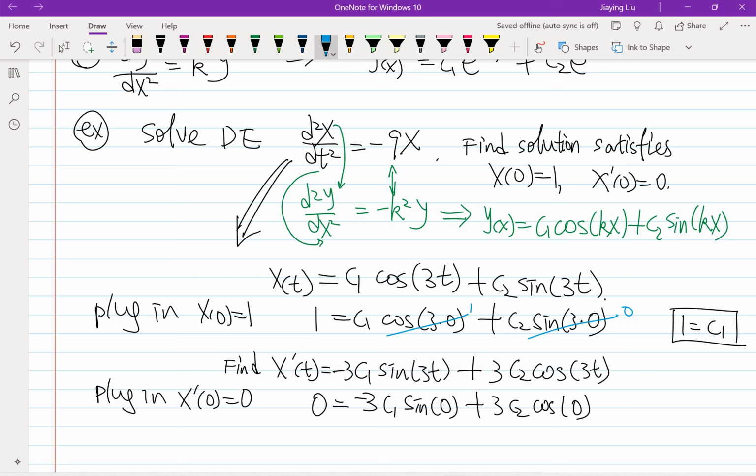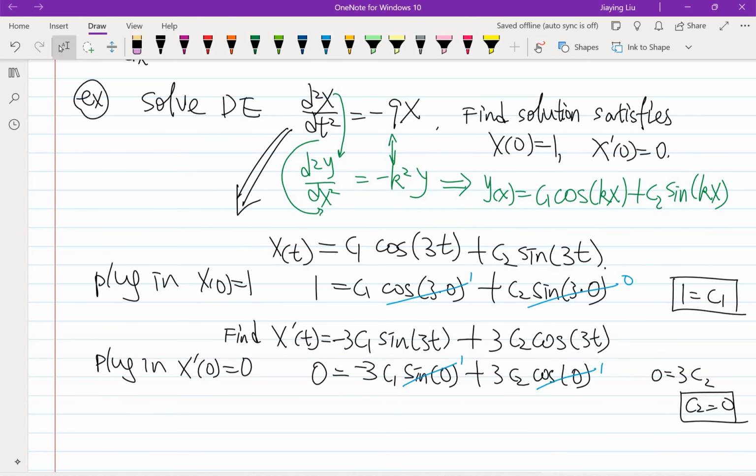Again, just simplify, that's a 1, this is a 0. You just end up with 0 equals 3c2, which tells you that C2 has to be 0. So we found C1, we found C2, and I'm almost done. So now we can actually write down the specific solution that satisfies the initial conditions.